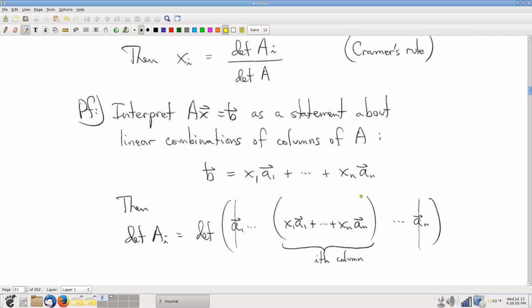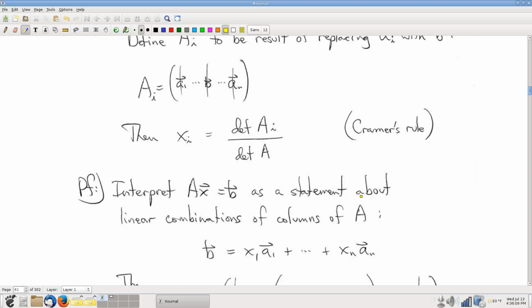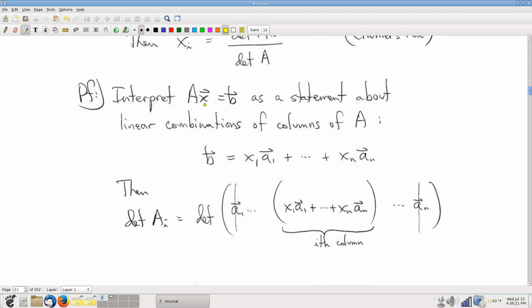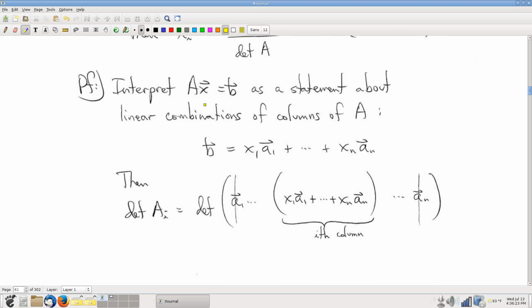Okay. All right, so now let's remember this A_i matrix that we're interested in. Where did it come from? Well, you take the A matrix. The A matrix, by and large, doesn't change, except that in the ith column, we put the b vector. All right, so here we go. The A matrix stays largely the same, except for the fact that in the ith column, we put the b vector.